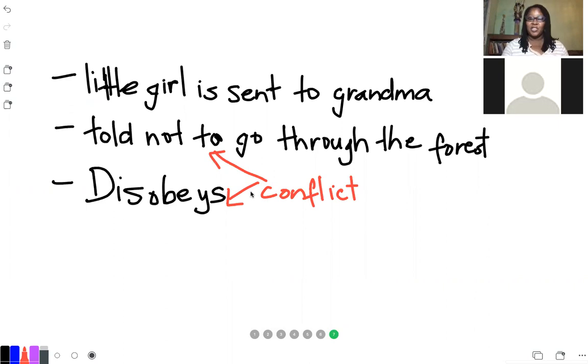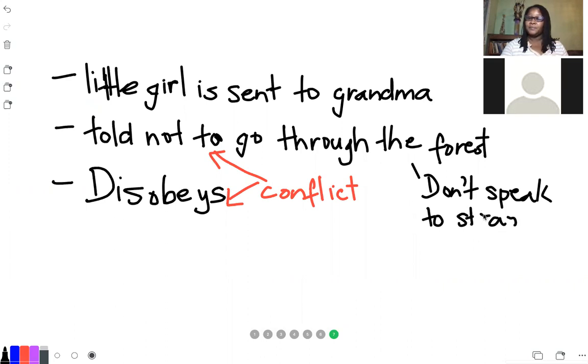Now, if from this point on, she goes through the forest and nothing happens, if memory serves me correctly, she was also told, don't speak to strangers. So she was given 2 instructions. She disobeyed one of them.